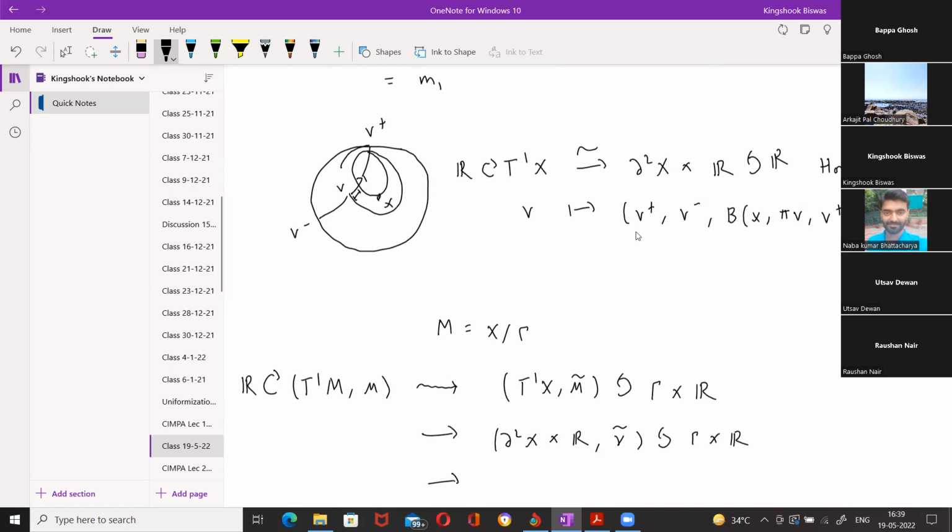So that corresponds to an invariant measure on del 2x for gamma.